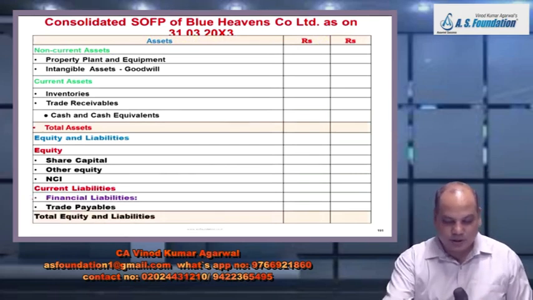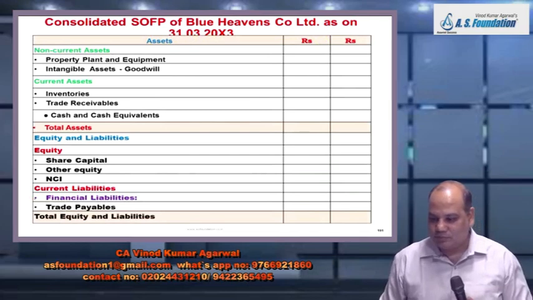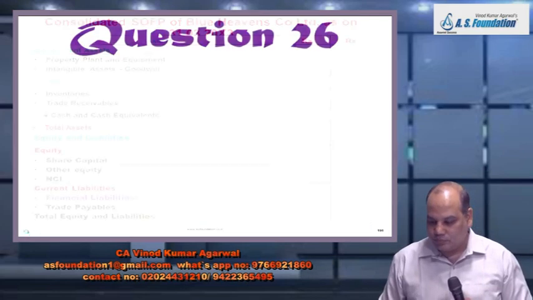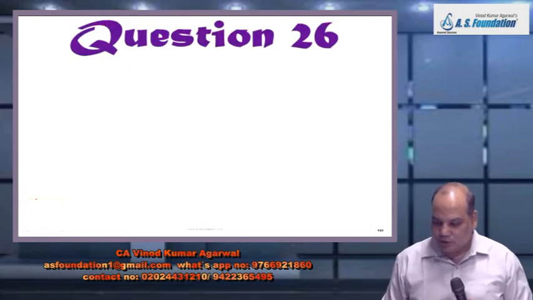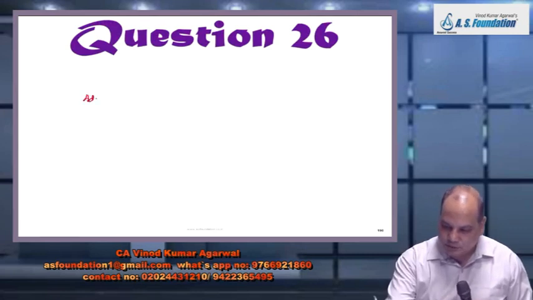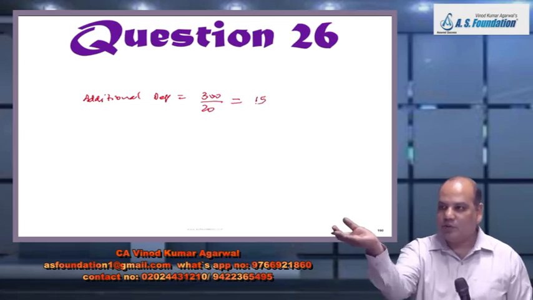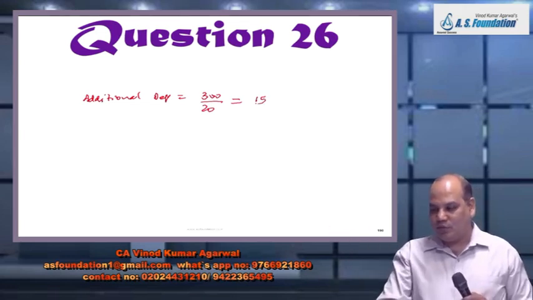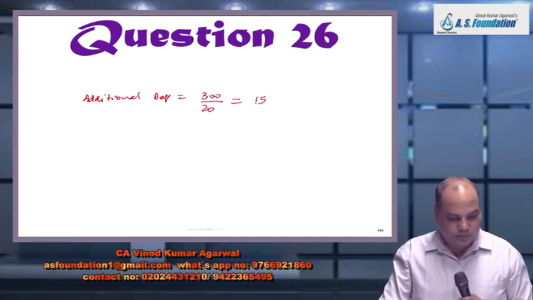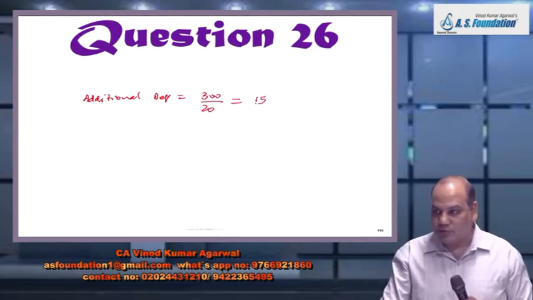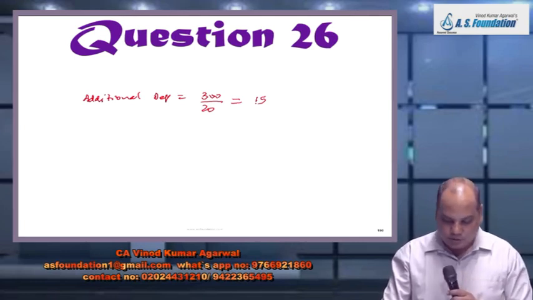So tick mark building and other PPE item. That will be depreciated by 15. Additional depreciation. So there will be two adjustments in that. First you will increase it by 300 and you will reduce it by 15. 300 you have to appreciate because of fair value adjustment, and 15 additional depreciation.